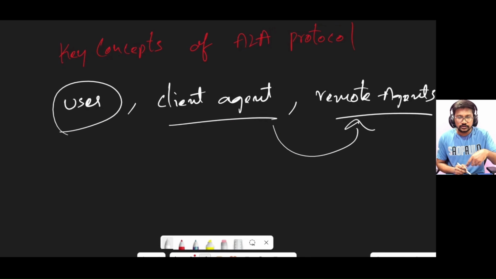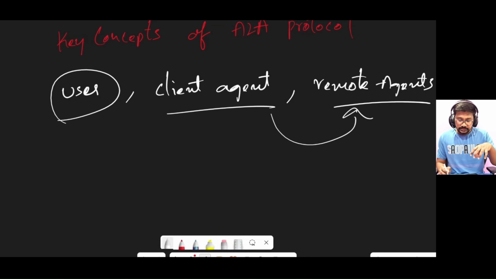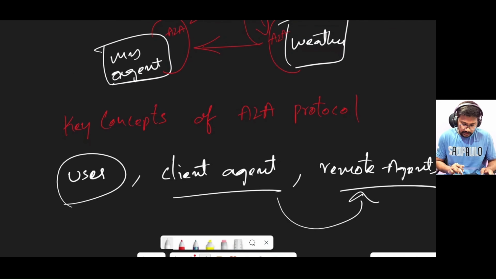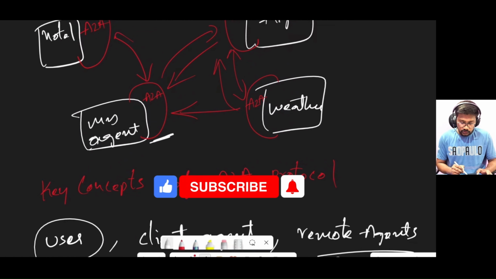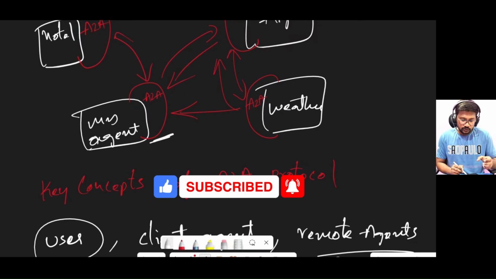This is like human in the loop. These are some of the core actors involved in this A2A protocol. Now, what are the key concepts or components involved inside this A2A protocol so that it is able to communicate with the other agent?